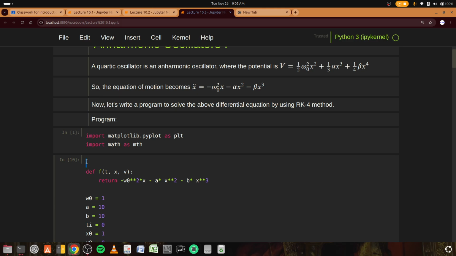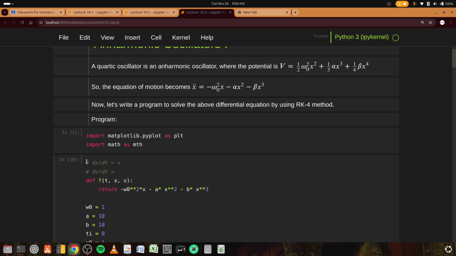Let me add it as a comment: you have to separate them into two differential equations, dx by dt equals v, and then what is the next equation? dv by dt will be equal to what?